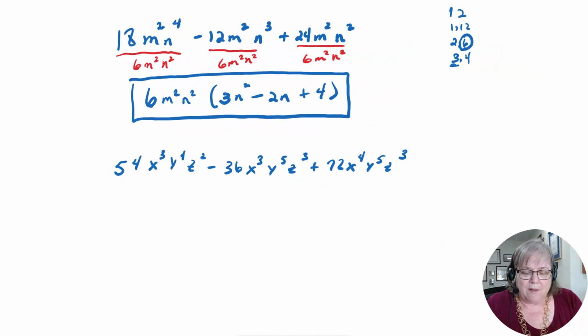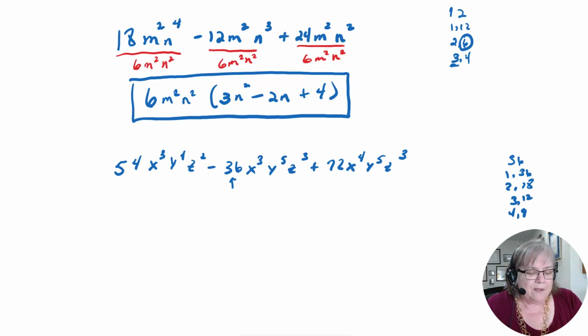All right, so the smallest number is 36. Now will 36 go into 72? Yes. Does it go into 54? No, it doesn't. Okay, so 36. 1 and 36, 2 and 18. Okay, I wonder if 18 goes into everything, because I'd rather do that than what down here is 4 and 9, 3 and 12. All right, let's try 18.